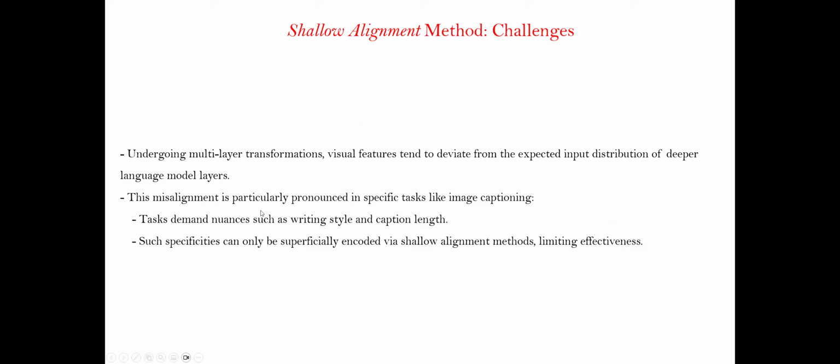This misalignment is particularly emphasized in specific tasks like image captioning, because such tasks demand various nuances such as writing style and caption length. Such specificity can only be superficially encoded by shallow alignment methods, which limits the effectiveness of vision language models.